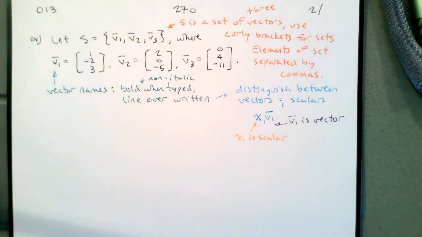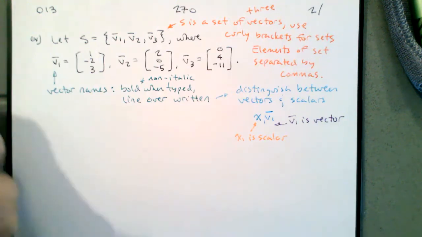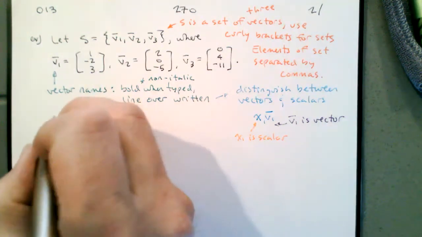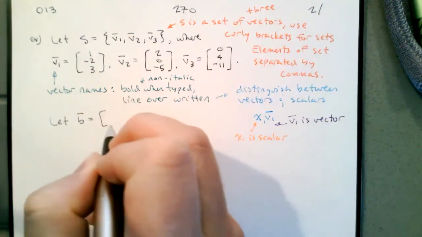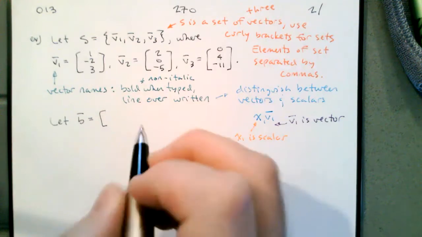So S is the set of vectors v1, v2, and v3. B is going to be different. Let B be the vector -3, -2, 13.